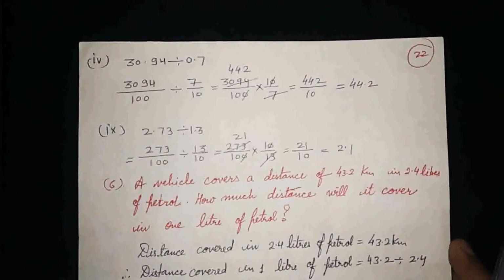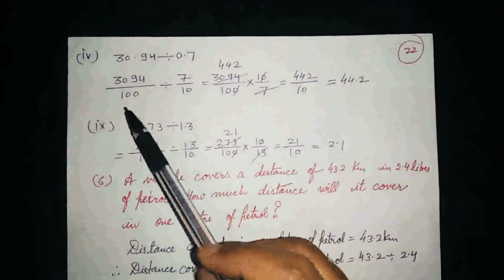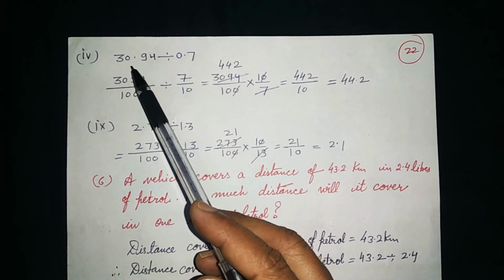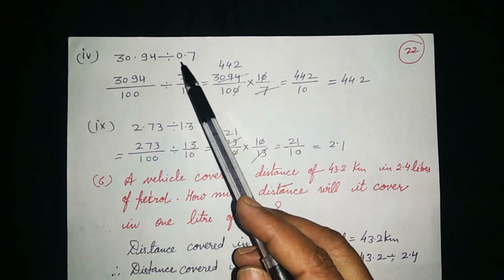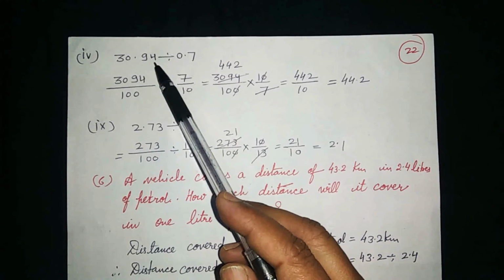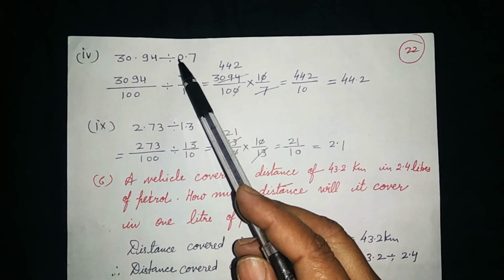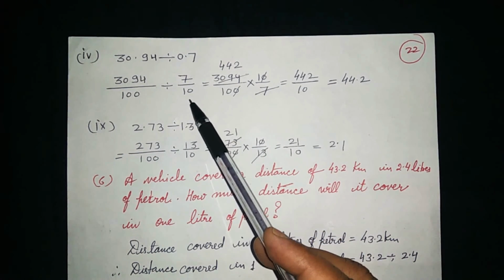Okay. Now I am explaining 2 more parts of this question. Here the fourth part. In the fourth part we have to divide 30.94 by 0.7. But in this question, you can see both the numbers are decimal numbers. So both the decimal numbers we will write in the form of fractions.